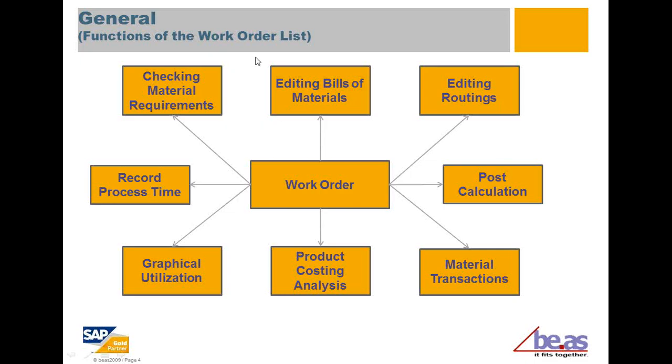As most of you know, at the moment you create one work order, what the system does is consider the standard or the item master data structure. This is the bill of materials of the item and the routing, the different operations defined for one specific item. So at the moment you create the work order, the system takes all this information and creates a work order with this similar structure.